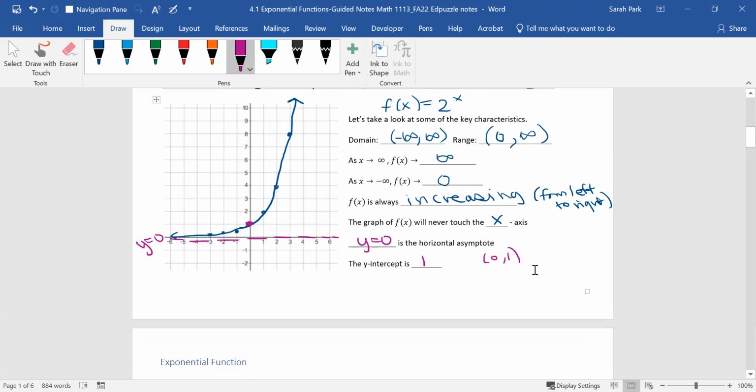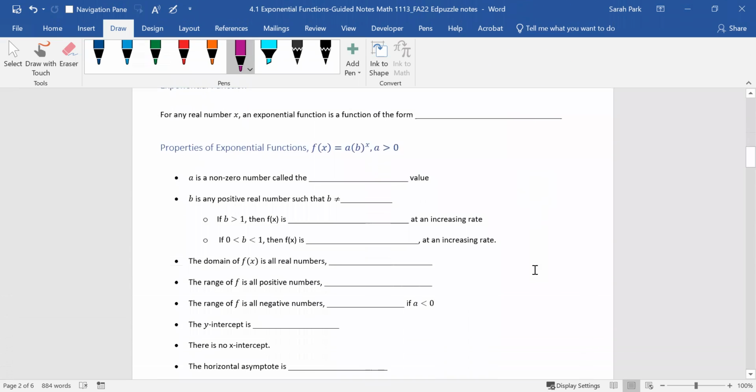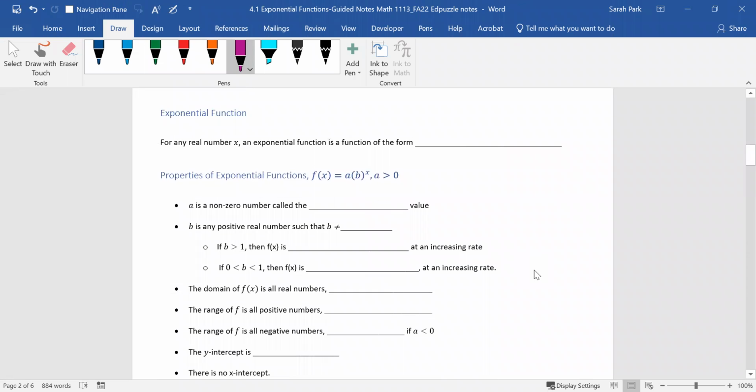Okay. Let's look at what exponential functions are in general. So for any real number x, an exponential function is a function of the form f of x equals a times b, with b as a base raised to an exponent x.